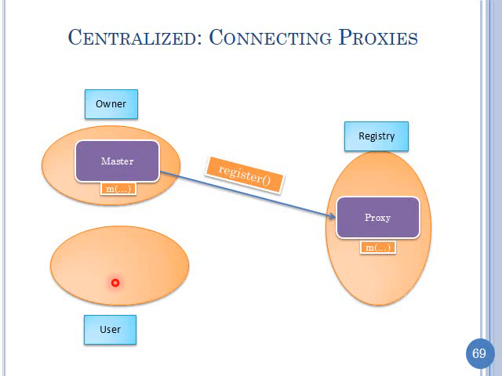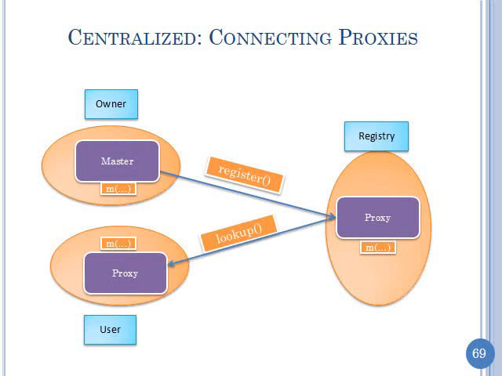Let's assume we are dealing with a centralized architecture, where we have the object in the master and we have proxies in the slave. So what we have to do somehow is create proxies here for this master. And what the master can do is send a proxy to the registry. And the slave can go and then look up that proxy from the registry.